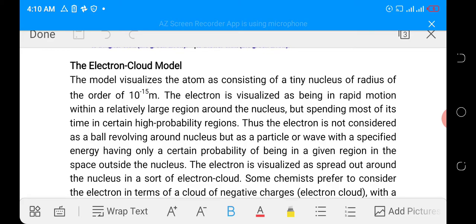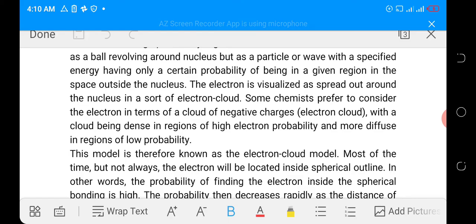Thus, the electron is not considered as a ball revolving around the nucleus, but as a particle or wave with a specified energy having only a certain probability of being in a given region in the space outside the nucleus. The electron is visualized as spread out around the nucleus in a sort of electron cloud.